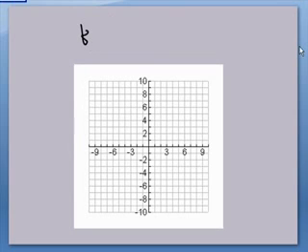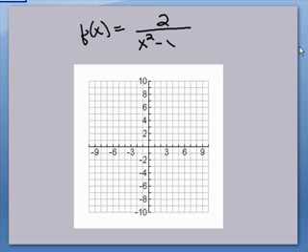Let's go with f of x is equal to 2 over x squared minus x minus 6. Okay, so if we're looking for the domain on this one, we look to the denominator, and what we're going to have to do there is factor that denominator.